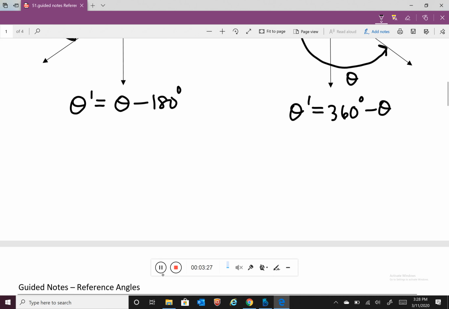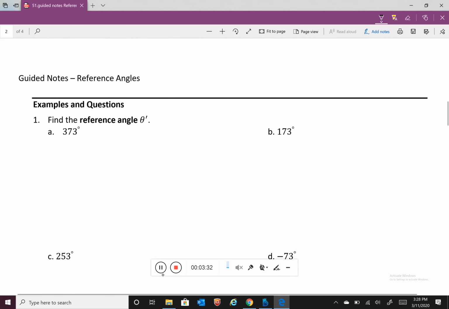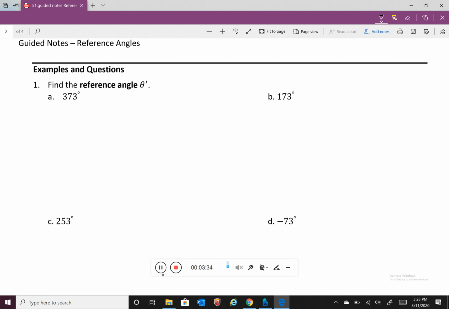So let's work with examples of finding our reference angle. So the first thing I'm going to notice about angle number 1, which is 373 degrees, is this is past 360 degrees. So I'm actually going to get a coterminal angle, and I'm going to get a coterminal angle not by adding 360, but by subtracting 360 degrees.